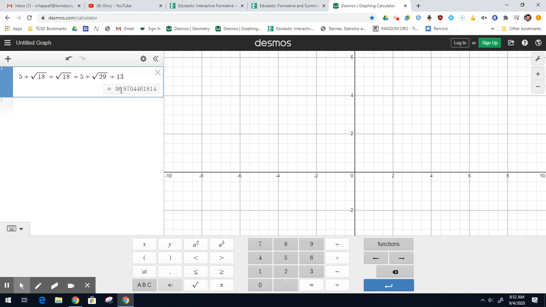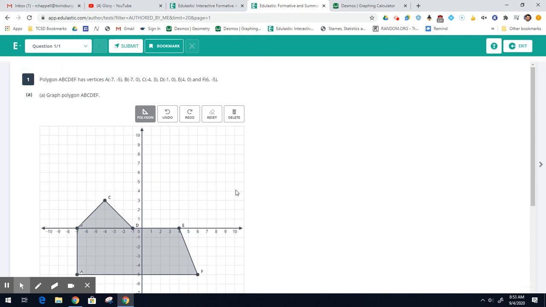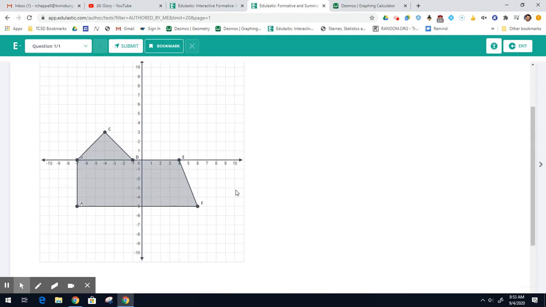And that's 36.87. That 7 makes the 8 become a 9. So 36.9. So the perimeter is 36.9. And the area was straight away 69. So if you recall, this is an irregular figure. What do we do? We break it up into triangles and rectangles, and we find the combined area. All right, great. Have fun doing the homework.